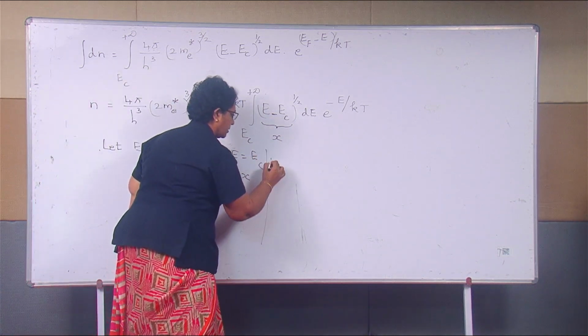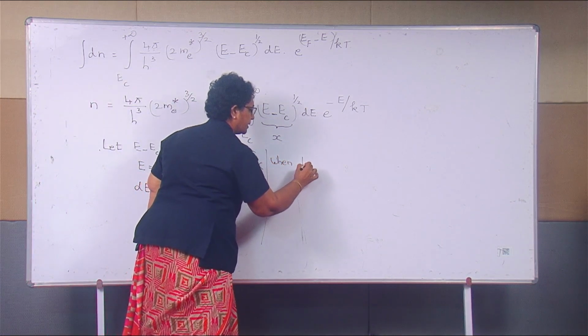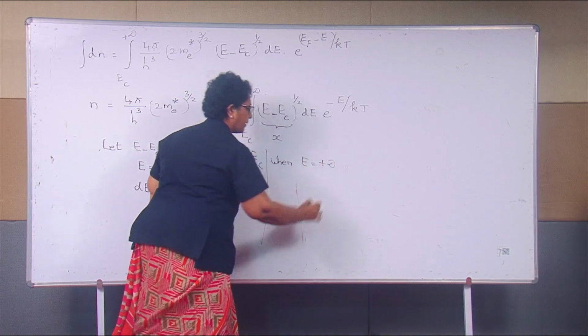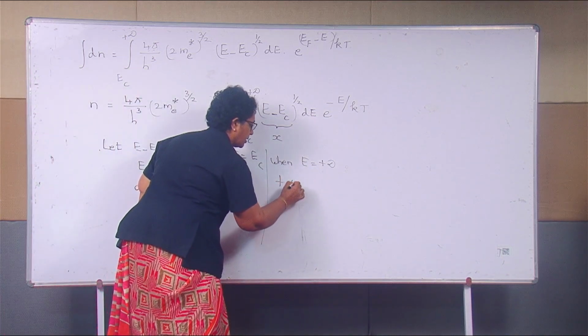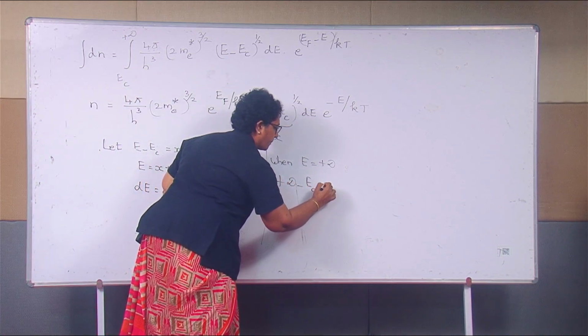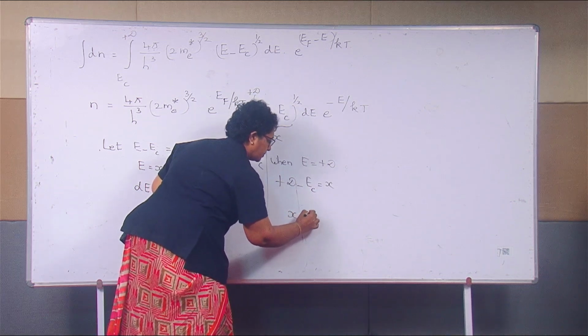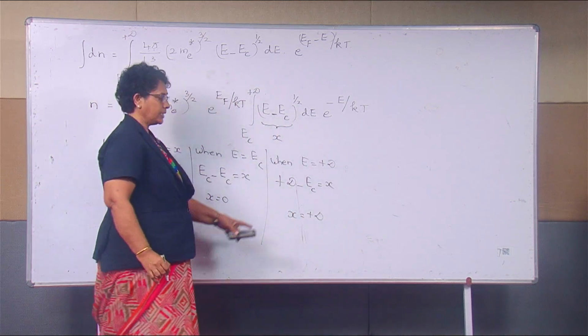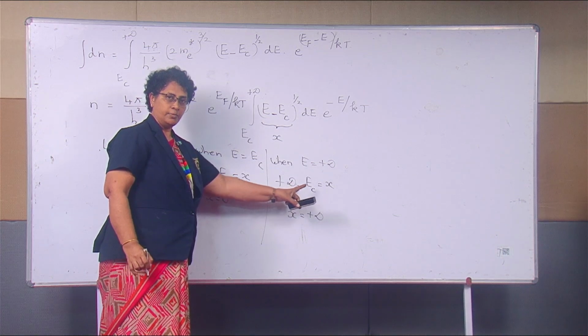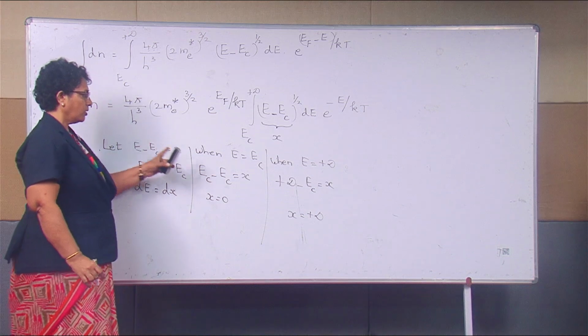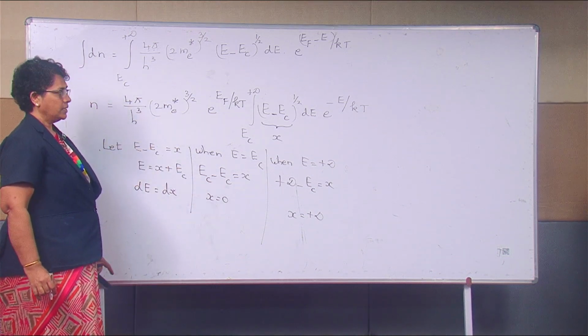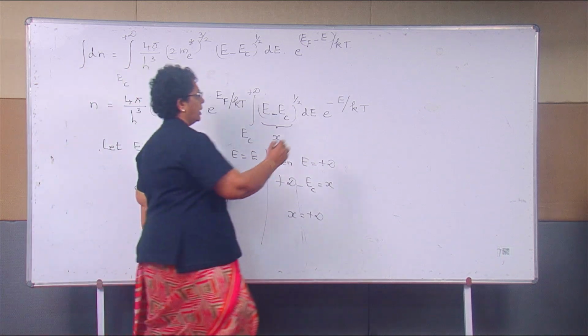Similarly, when you substitute the energy level as plus infinity, x becomes as plus infinity itself, because anything with infinity will be plus infinity only. So by substituting all this in the above expression, we will be able to arrive at the solution.